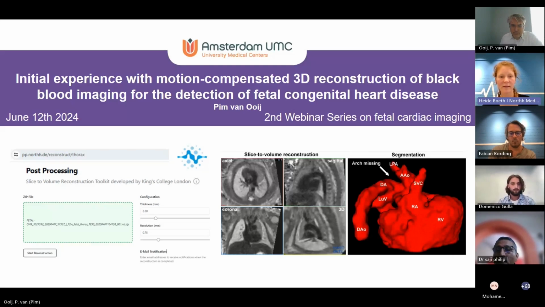For the second question, 27% have used the SVR with North platform, 32% haven't, and 40% have no idea what it is.